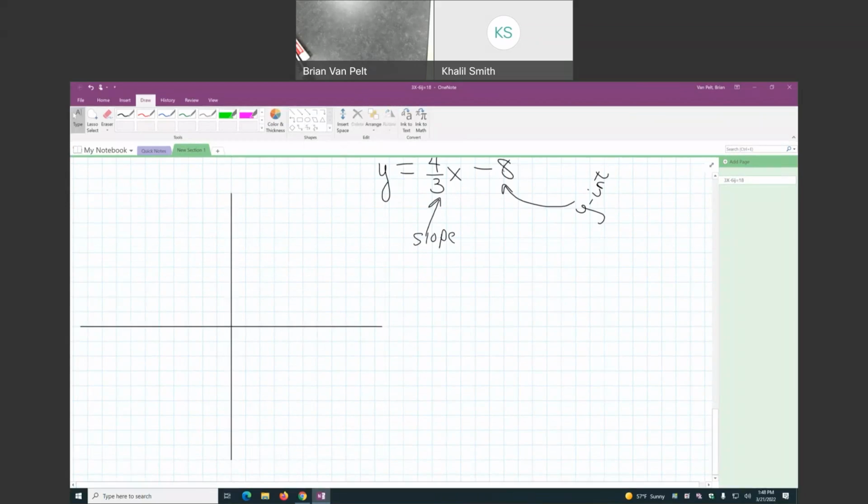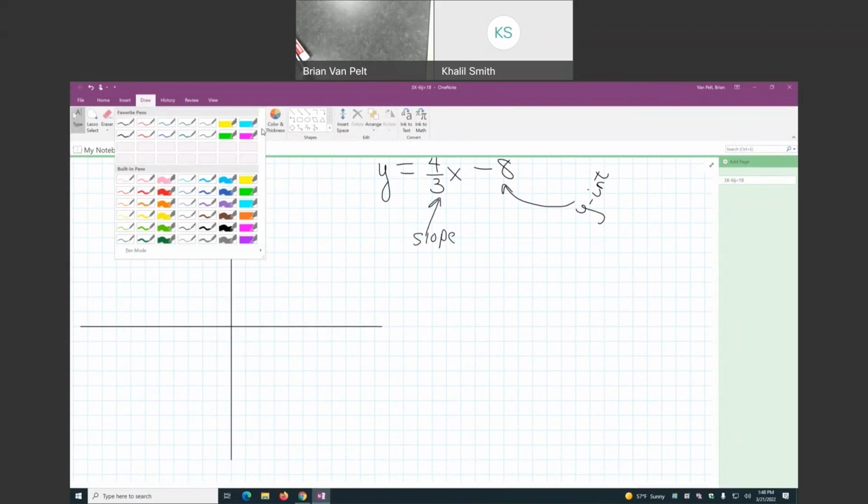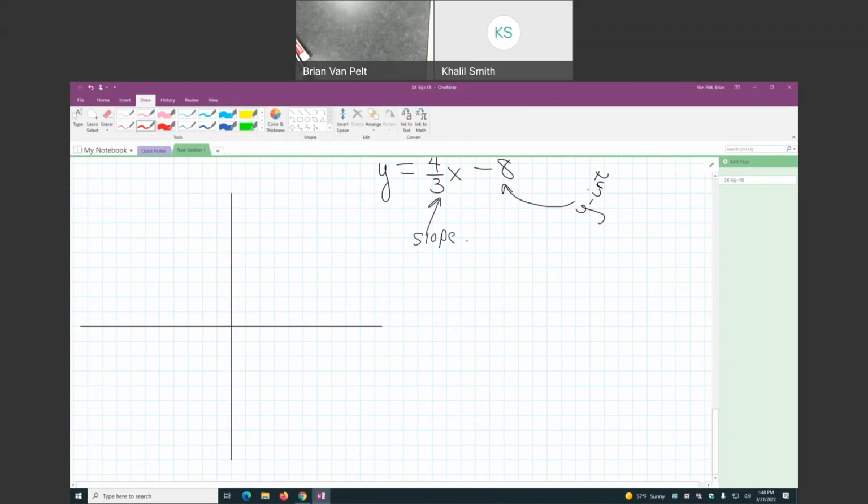I see this -8 here as the y-intercept. So let me grab myself a thick one. I think I'll do red, there we are. That -8 is the first thing I'm going to attack. So I'm going to go down 1, 2, 3, 4, 5, 6, 7, 8, and I'll put my dot there.